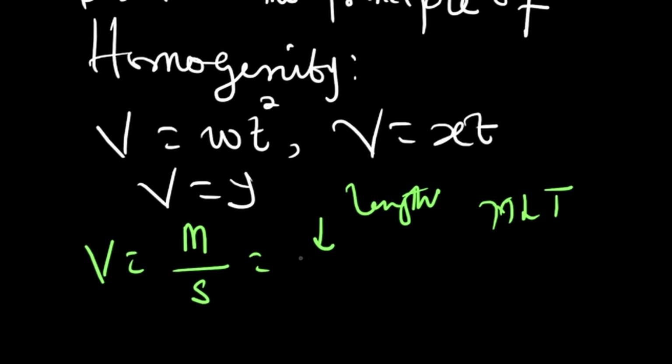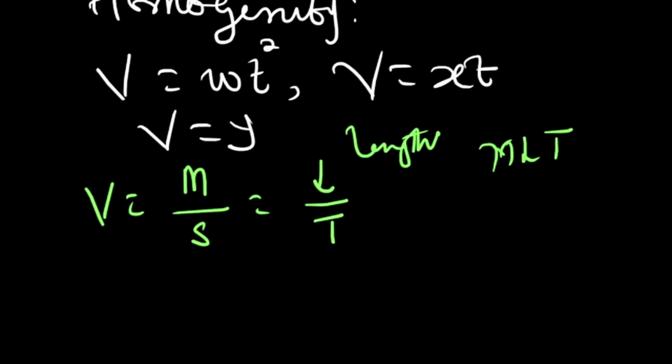Now, since we've determined that the dimension for length, which is measured in meters, is L, this now becomes L over, for s, it is second, right? So second is a unit of time, and the dimension for time is T. Okay, so we have now determined that the dimension for velocity is length over time, or let's say L over T.